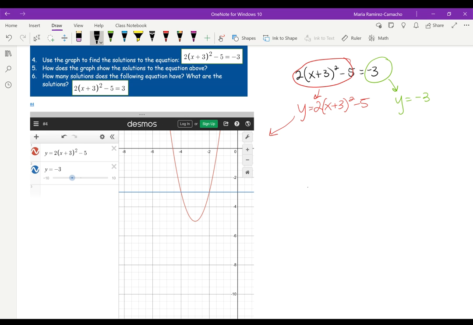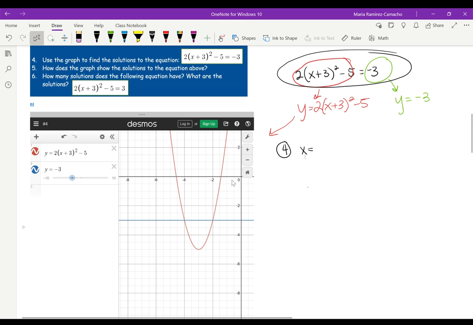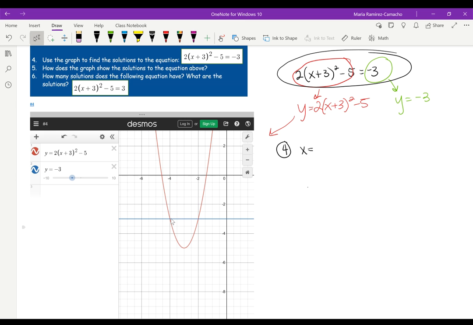Again, since this original equation only had x for number 4, we just want these x values of the points of intersection. So right here at this point, (negative 4, negative 3), what we care about is that negative 4. So I know x equals negative 4.